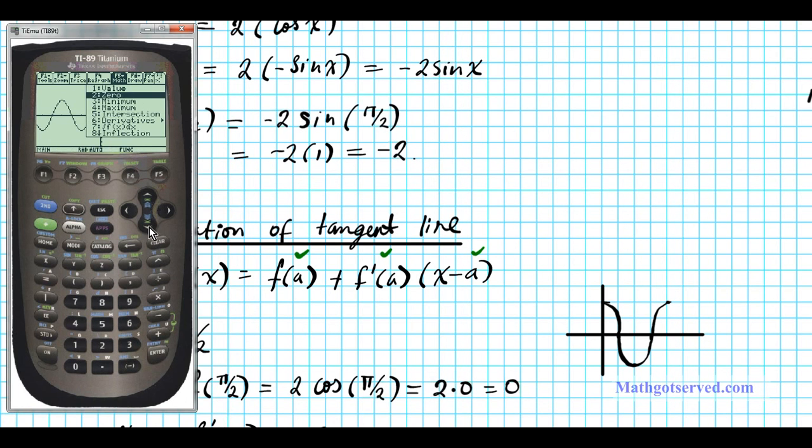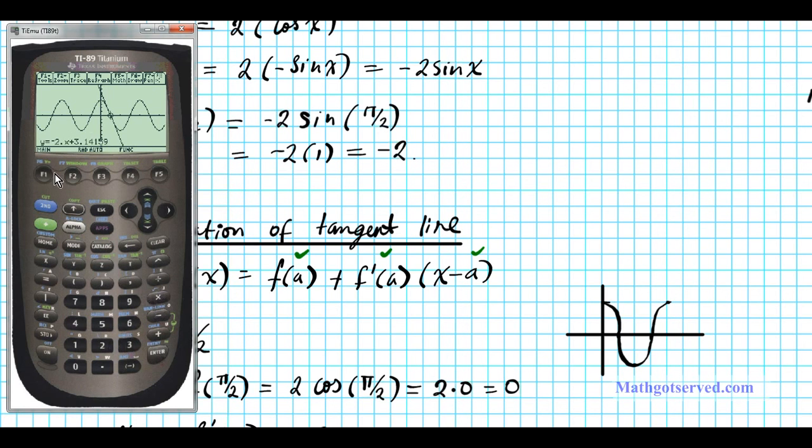And then we're going to scroll down to option A, I think. Yeah, tangent. Okay, option A. Press enter. The calculator will ask you what x value do you want to compute the tangent at. So we're looking at pi over 2. Let's enter that. Pi over 2. Enter.